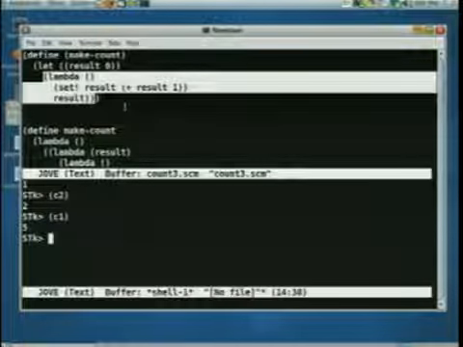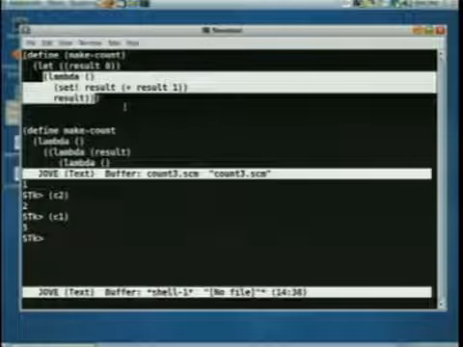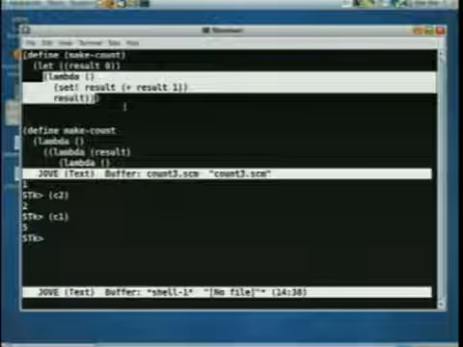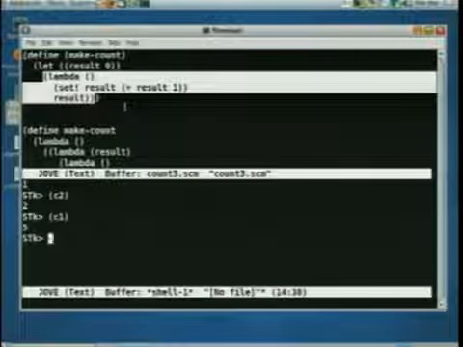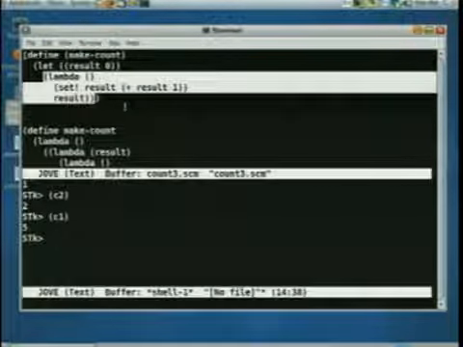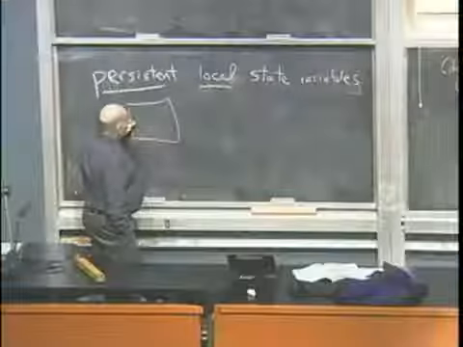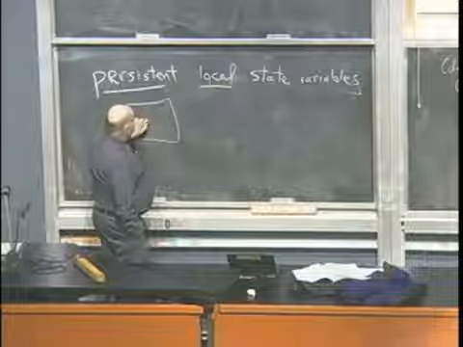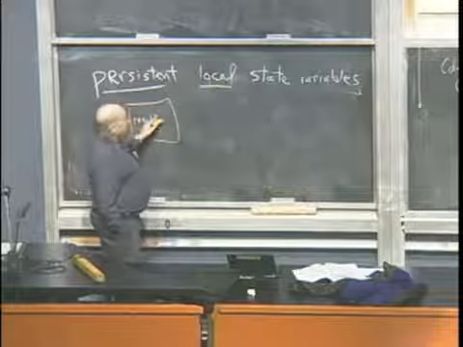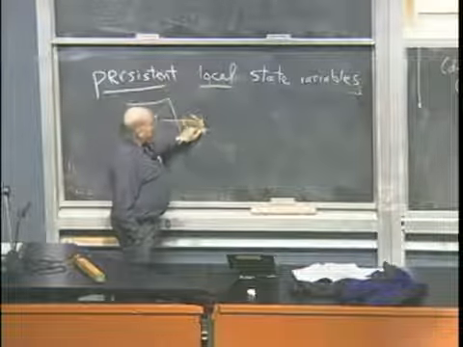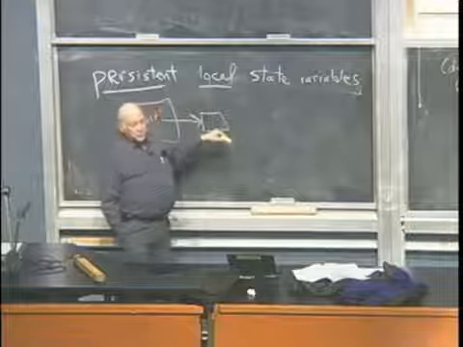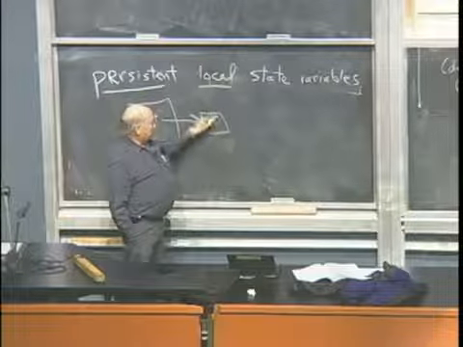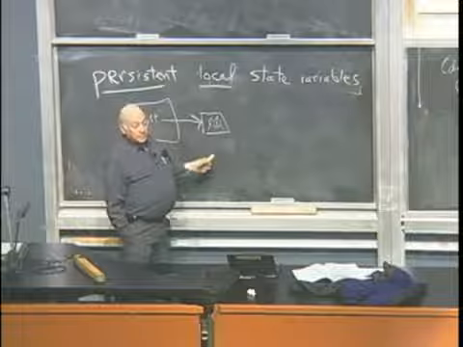Actually, technically, if you're a programming language person, I'm not supposed to say the environment contains the value. What I'm supposed to say is that the environment binds the name to a box, and you can change what's in the box to a 0 or a 1 or a 2 or whatever.